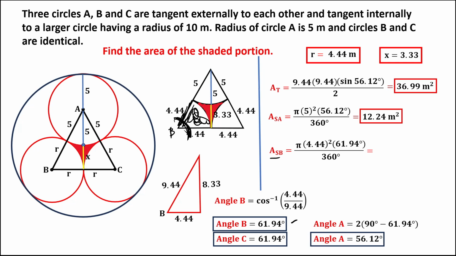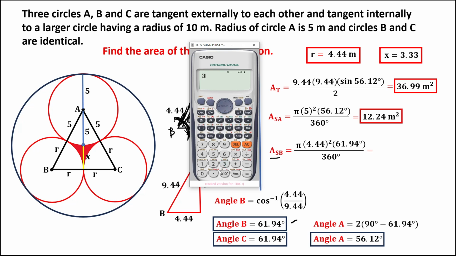So pi is 3.14 times 4.44 squared, then times 61.94, then divide by 360.